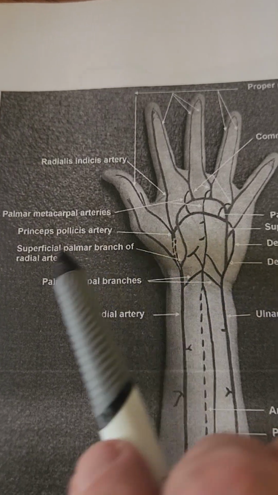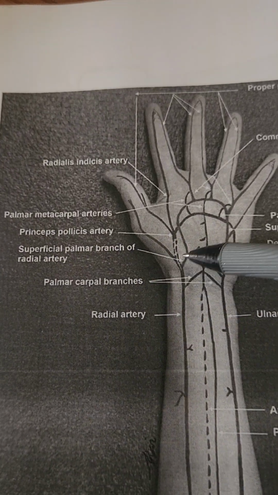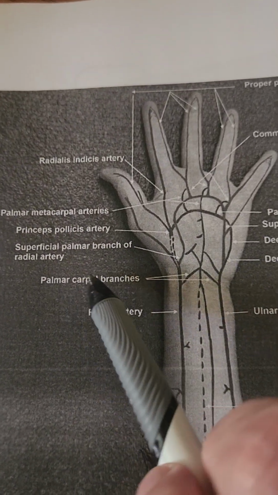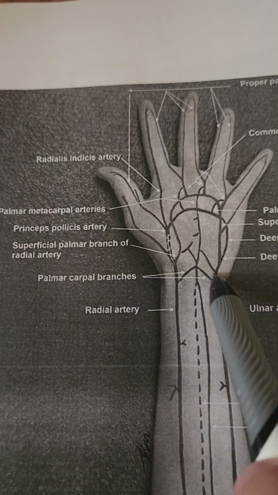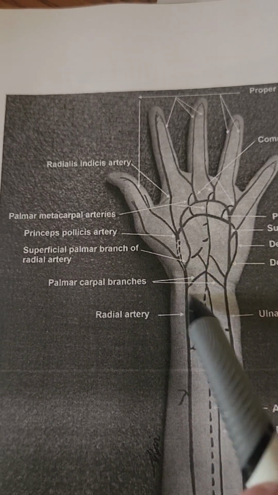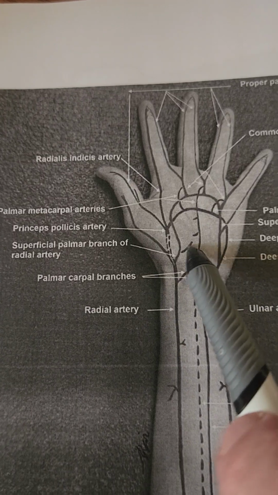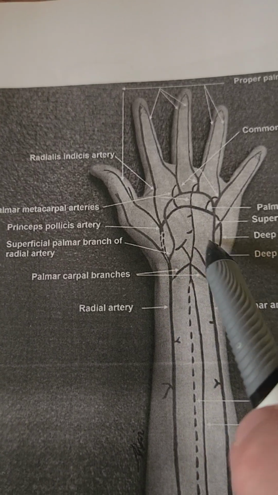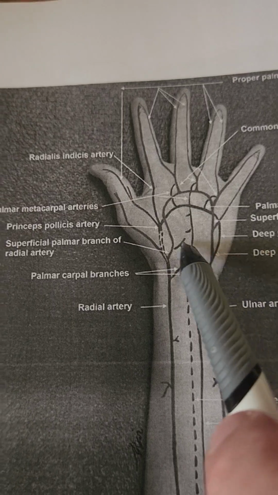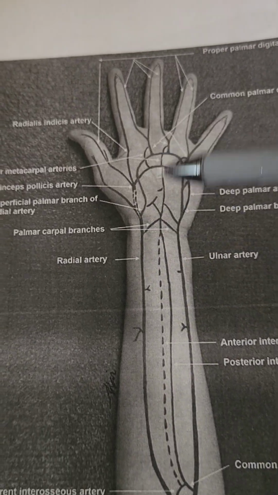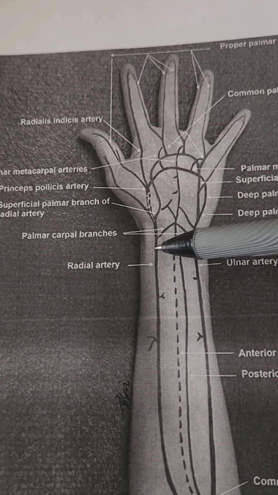Superficial palmar branch of the radial artery again. Once again, palmar carpal branches, that's where they branch. Carpal, that's what helps supply the blood supply to the wrist. Once again, we'll come back up.